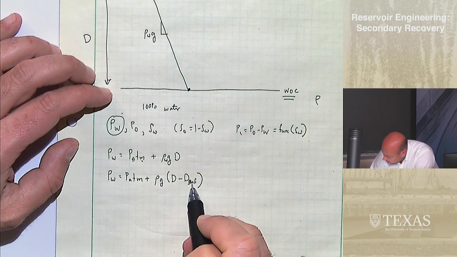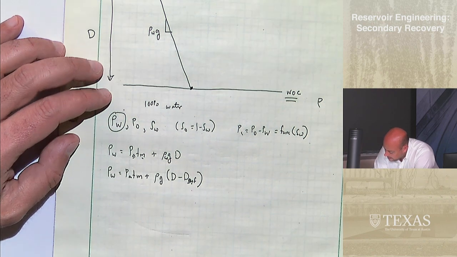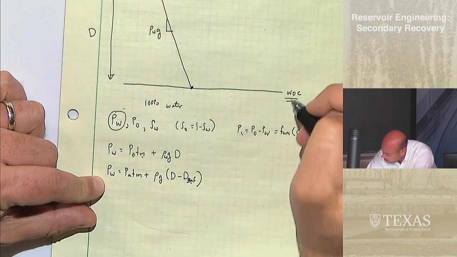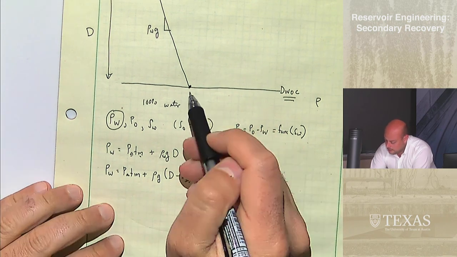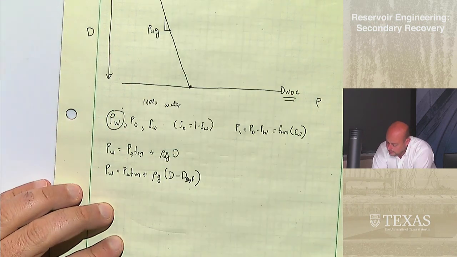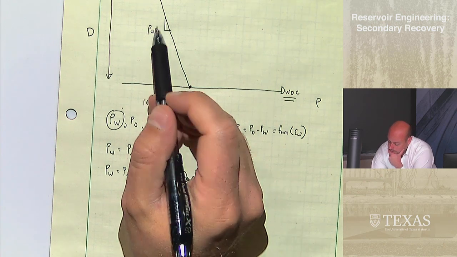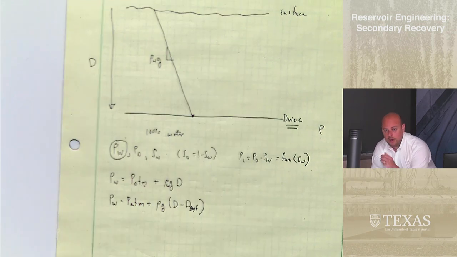So D is equal to the surface depth, PW is P atmosphere, but you can do that at different depths. And if you're at the water-oil contact line, D is equal to DWOC, then you can calculate it there. But the key point is that the water pressure varies with depth because of density and gravity.